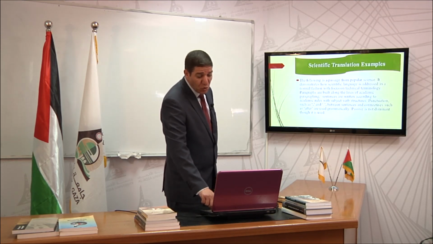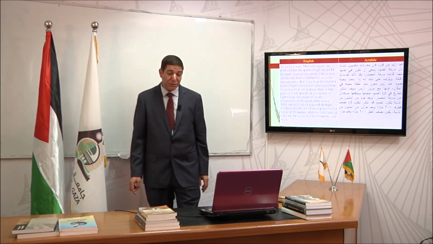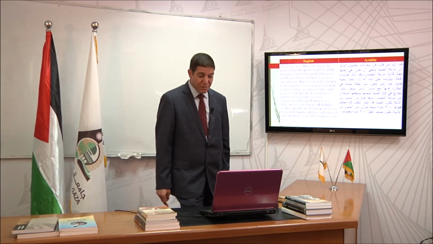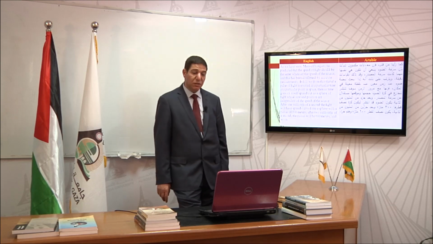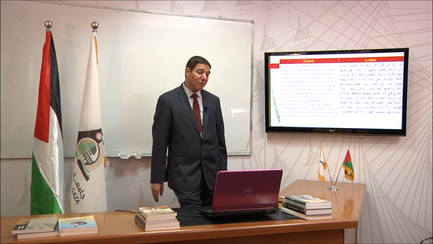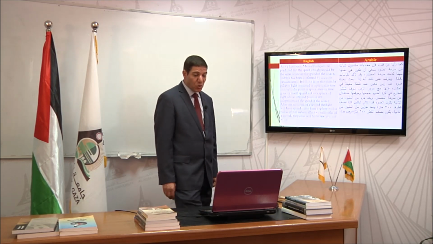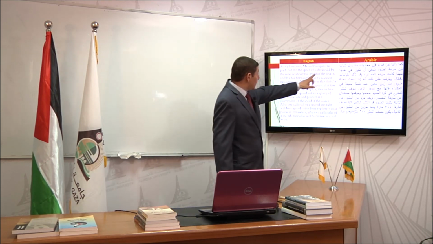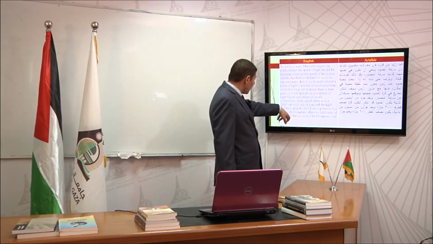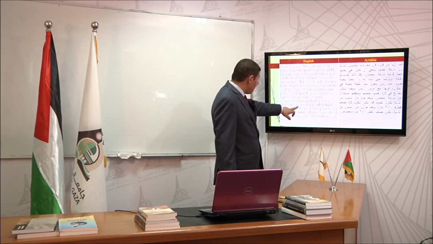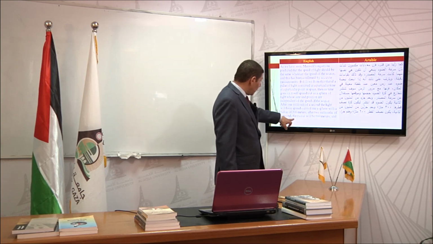Now I go to scientific translation examples. Look, we have in English, in this text, which is extracted from a popular science book, the reference is in the book, we have the word equations, okay? We have also the speed of light, we have a millionth of a second, okay?